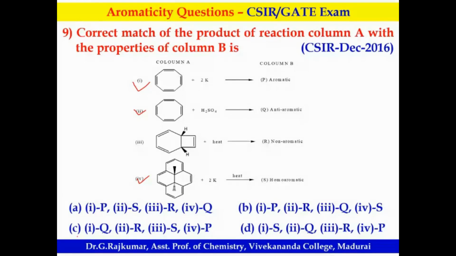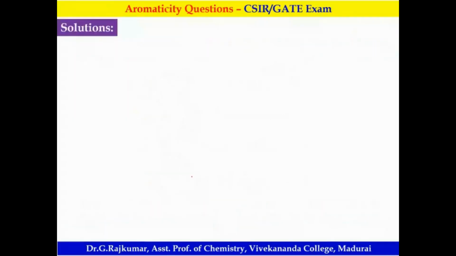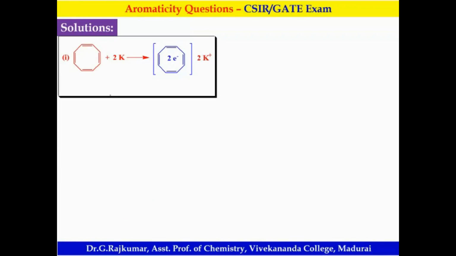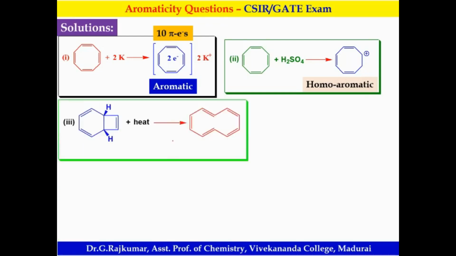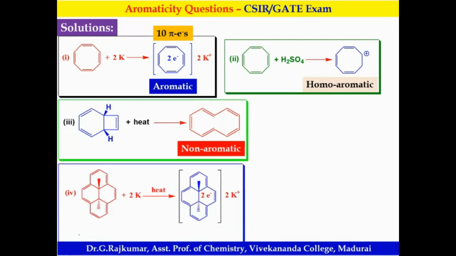Option A forms the corresponding dianion. This is aromatic. After reacting with sulfuric acid, this attains homoaromaticity. Option C forms this compound. This structure forms 16 pi electrons. Hence, it is anti-aromatic.